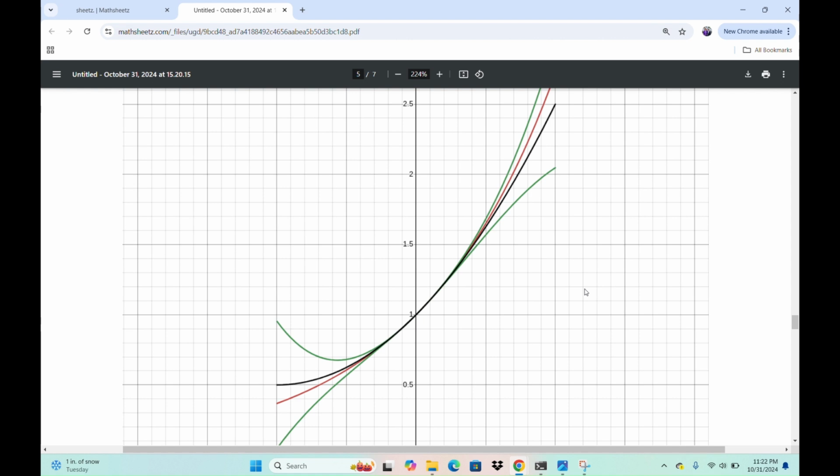Obviously it depends on the context, depends on the industry that you're working in. This might be not even close to enough precision, depending on what you're doing. But the point is that the approximation is getting very, very noticeably better. And mathematically, it's getting better by orders of magnitude. So that's very powerful. Again, we have this black line here, which is a quadratic function.